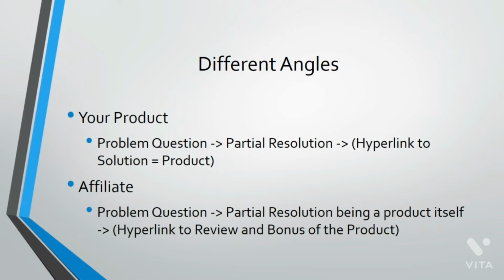but to get higher conversions, what you might want to do is problem question, partial resolution being a product itself, and then maybe a hyperlink to the review and bonus of the product.